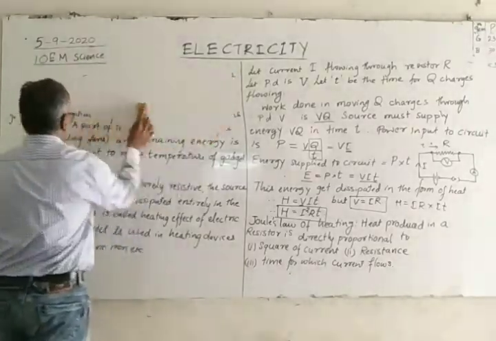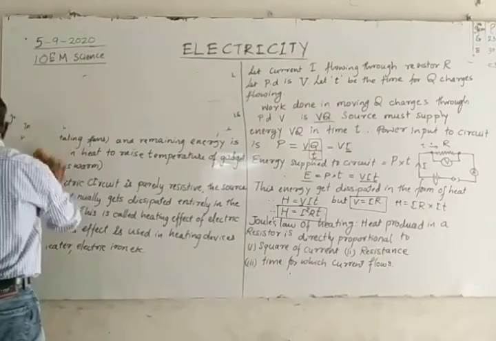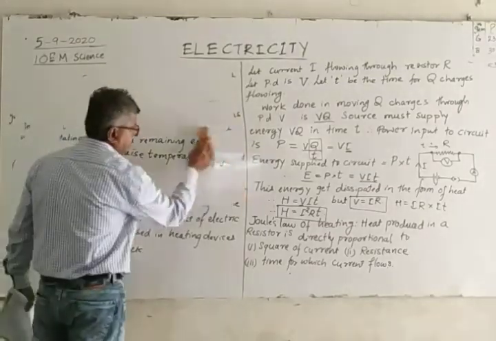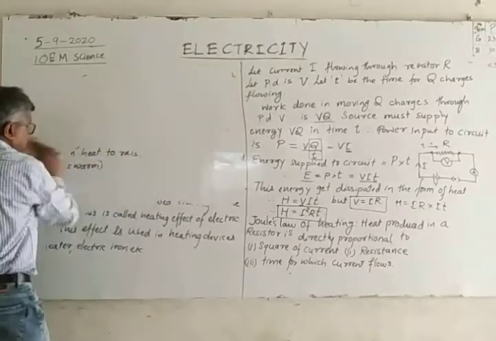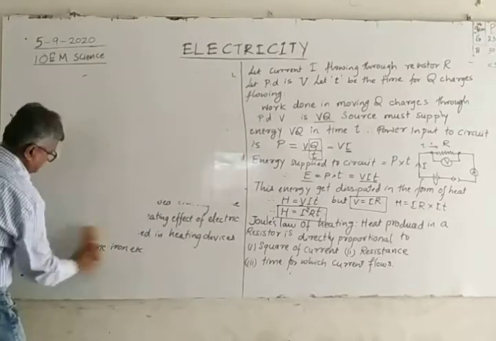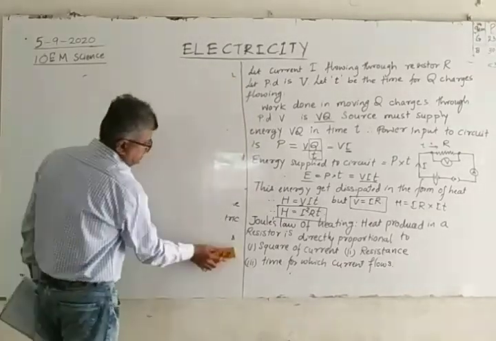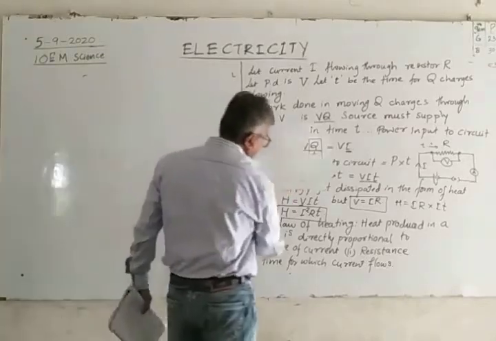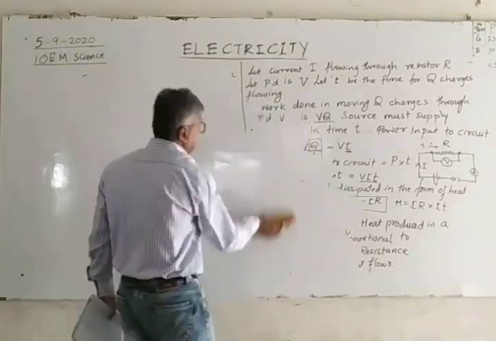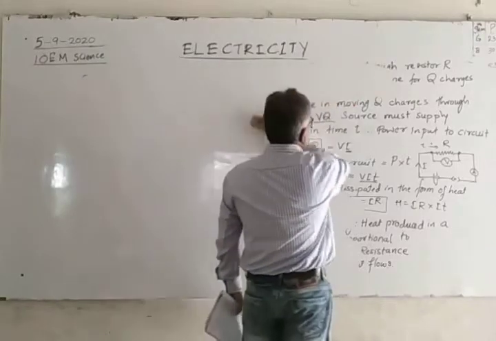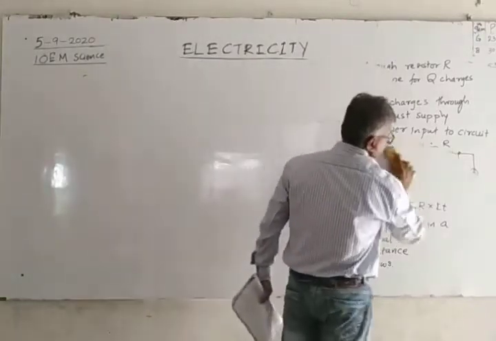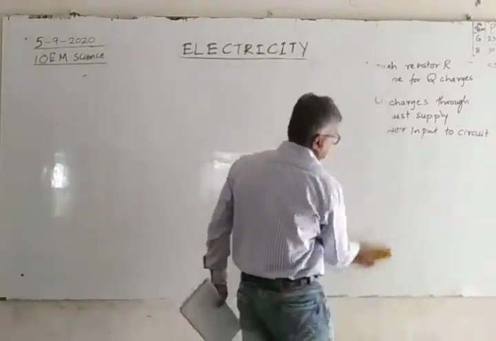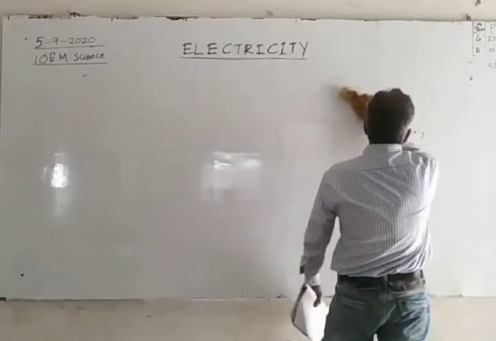They are given in your book, page number 111 in the textbook. Two examples are given. So we will discuss those two examples, how to calculate the heat produced when resistance, voltage, current are given.